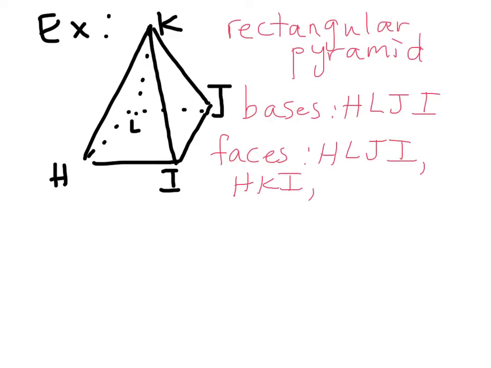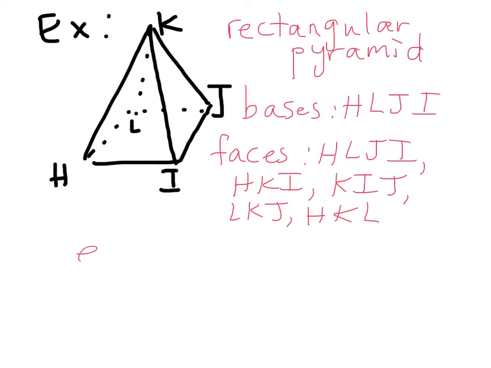And now this one over here on the right is going to be KIJ. Again, the order of your letters doesn't matter. Now I'm going to go to the back triangle, LKJ. And then over on the left side, I have HKL. Okay, so those are the faces of my pyramid.